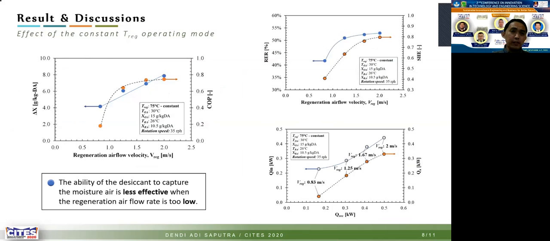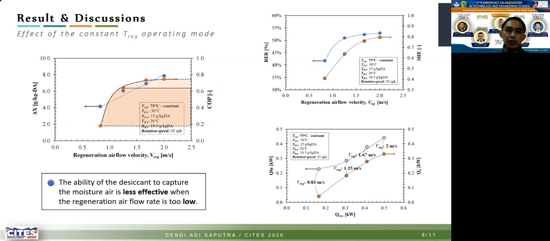Ladies and gentlemen, this slide shows our results and discussion for the first operating mode, constant regeneration air temperature mode. As you can see in this figure, a decrease of regeneration air velocity also decreases the humidification performance and the system performance of the solid desiccant air conditioning system.